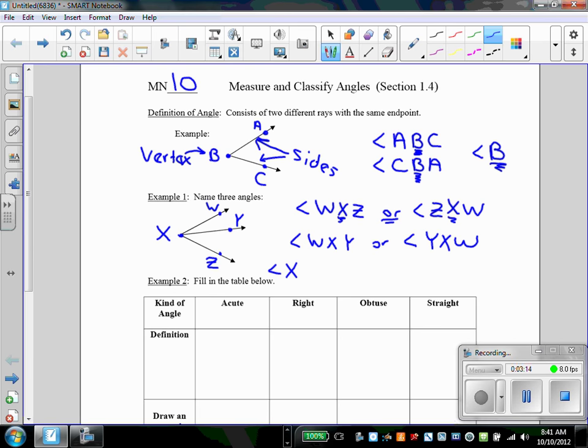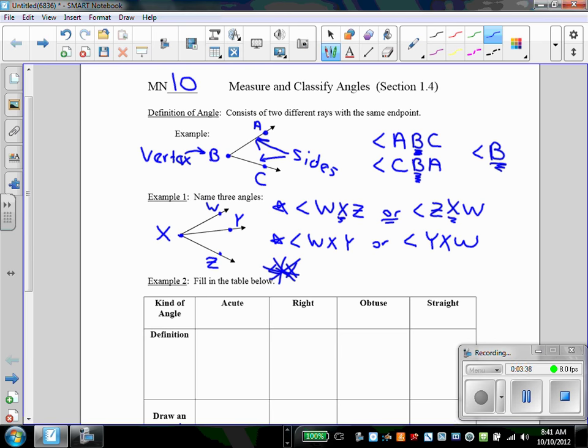And here's the reason why. You can't say angle X like we did up above where we said angle B, because angle X actually comprises more than just one angle. As you notice, this has a vertex with angle X, this has a vertex with angle X, so you can't just say angle X. So that's a no-no. I'll let you know that, because that's an easy mistake to make.